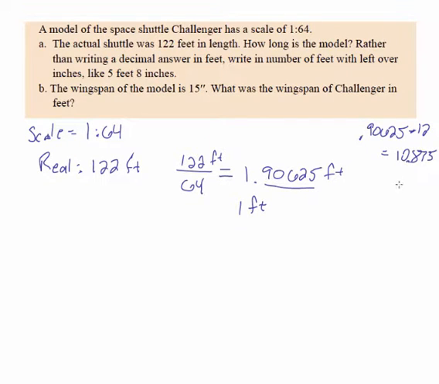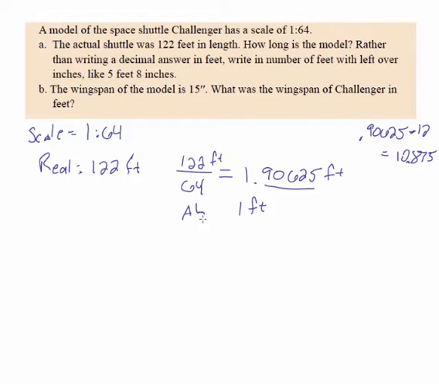So now I know that this leftover 0.90625 feet corresponds to 10.875 inches, which tells me, to the nearest inch, that the length of the model is about 1 foot 11 inches.